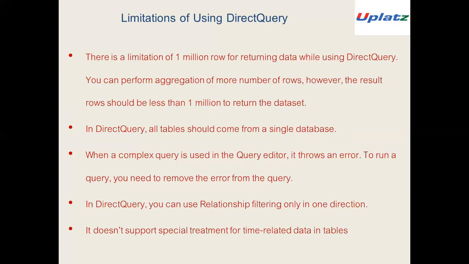We can perform aggregation for a larger number of rows, and the result rows should be less than 1 million to return the data set. We can perform the aggregation and process the data, but it should not return more than 1 million rows, because the limitation is 1 million records. We can process up to 1 million records by using direct query.